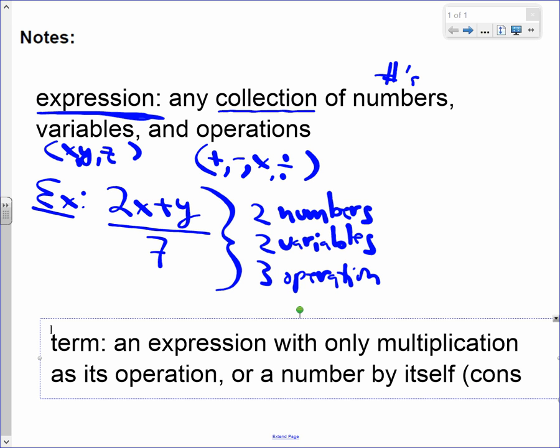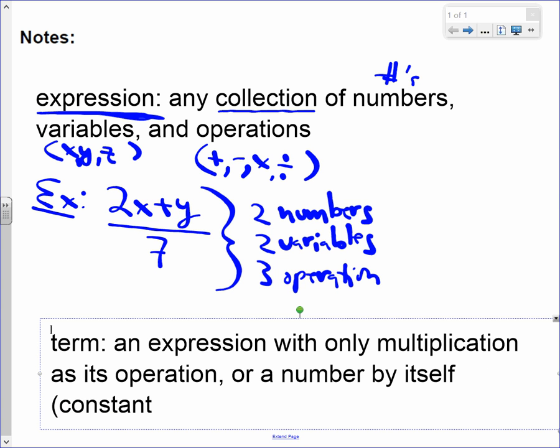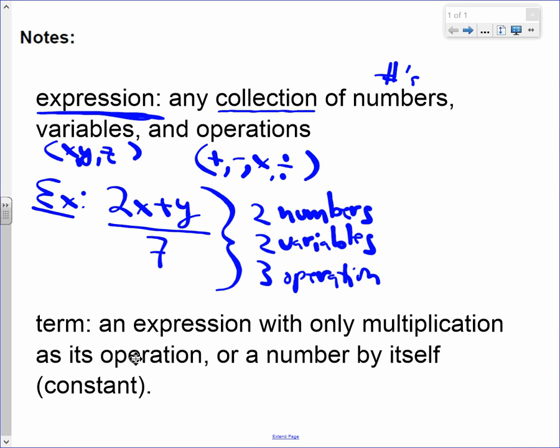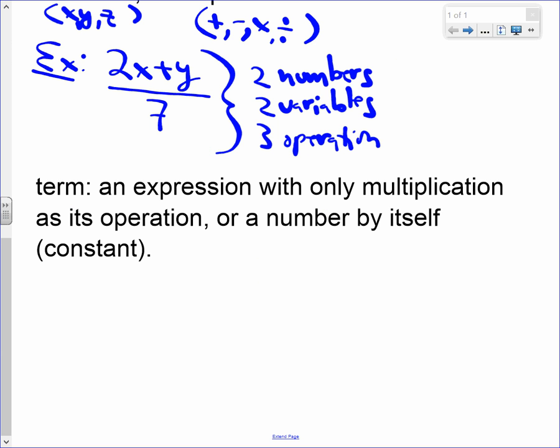A number by itself without any variable is called a constant. So you might have to cram, and there's no space I gave you there. I apologize. An expression with only multiplication as its operation, or a number by itself. A number by itself, the fancy schmancy word, is called a constant.